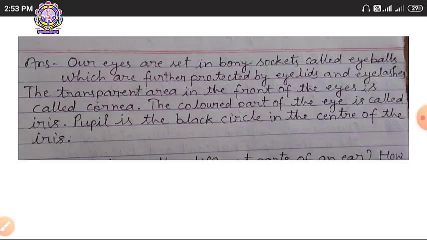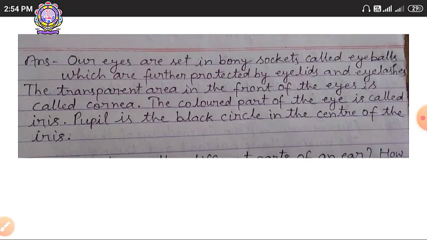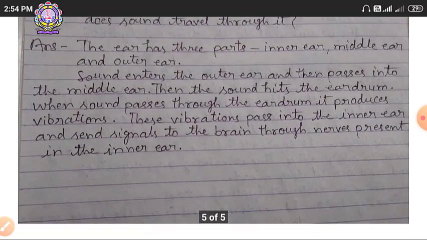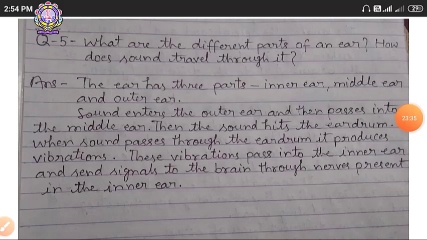Now take the screenshot of this page also. Now this is your last page. Take the screenshot.